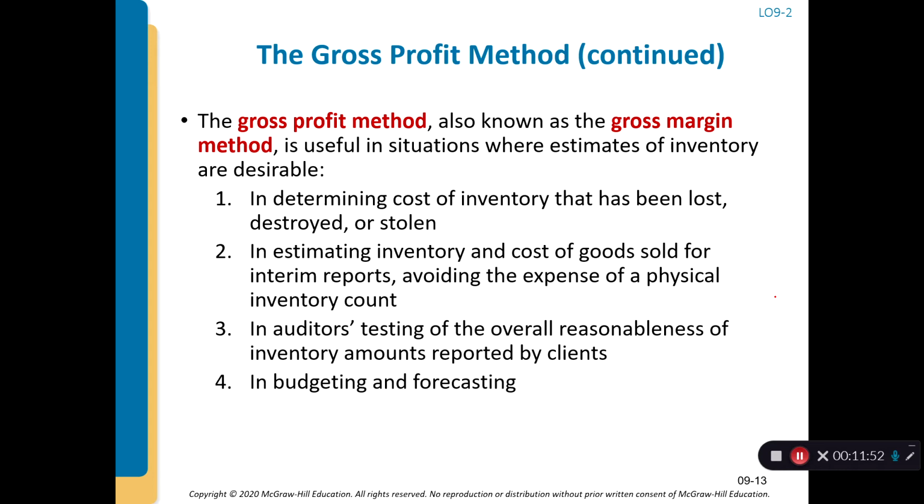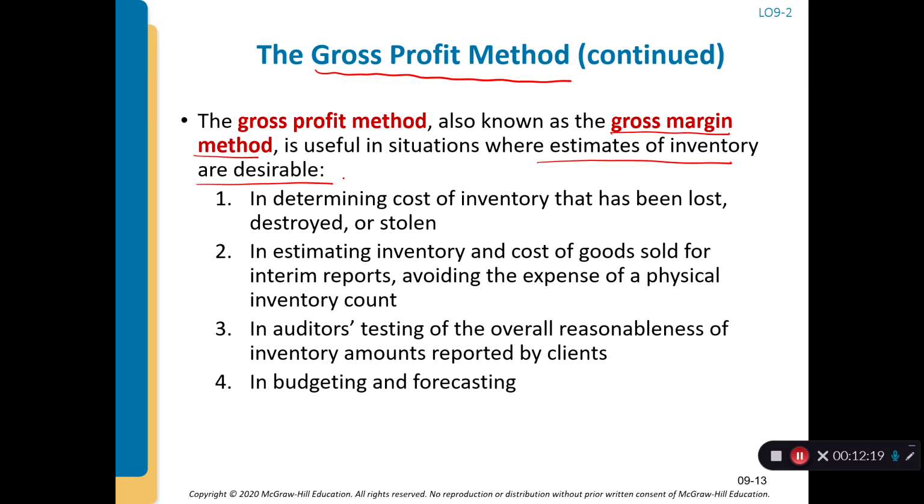For example, large retail companies with locations all over the world sell many items, so it's hard to track the cost of each item, and it's also very hard to complete the physical count at the end of the period. Hence, we use the gross profit method, also known as the gross margin method, to estimate the inventory cost and the ending inventory.